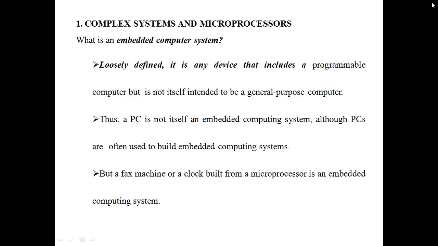The first thing is the embedded computer system. An embedded computer system is a programmable computer, but it is not itself intended to be a general purpose computer. Our personal computer does not need any embedded computing system, but it can be used to build some kind of embedded computing system.